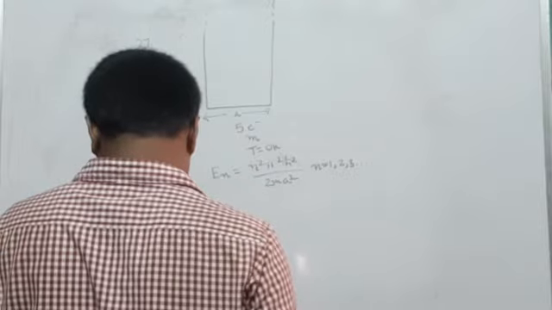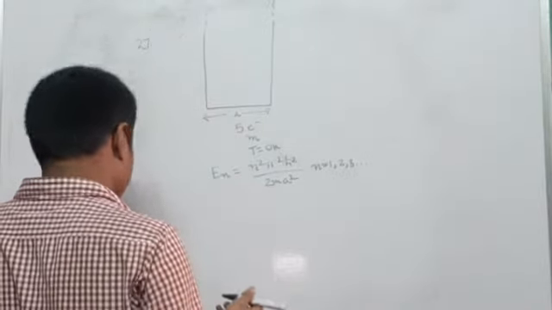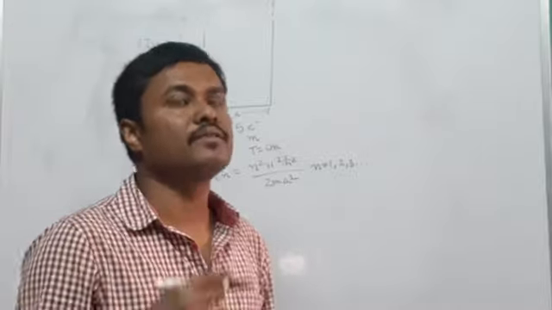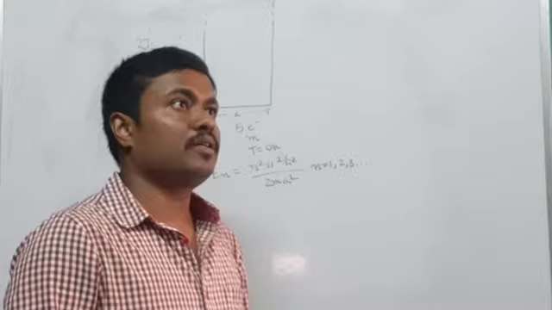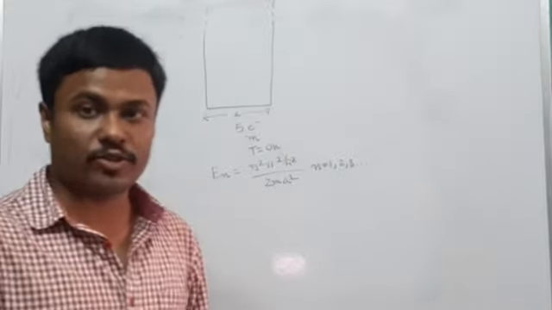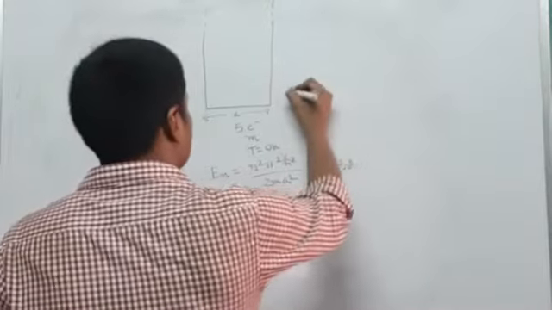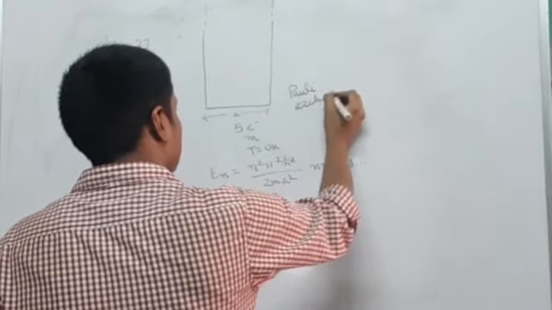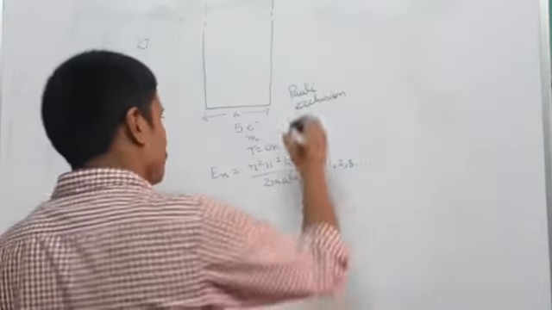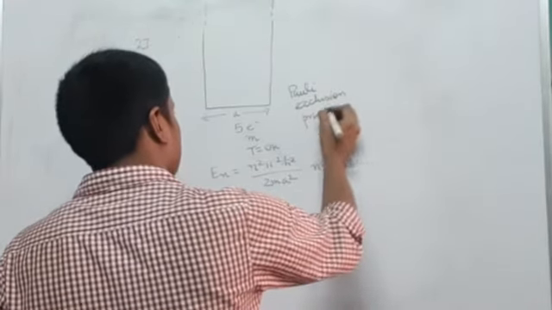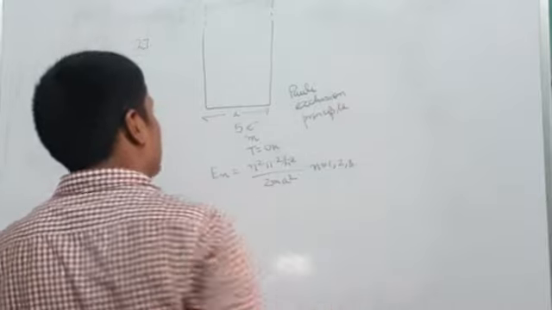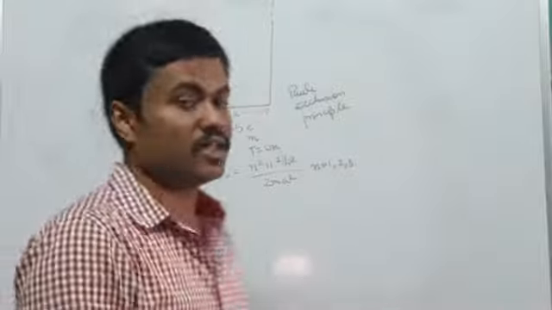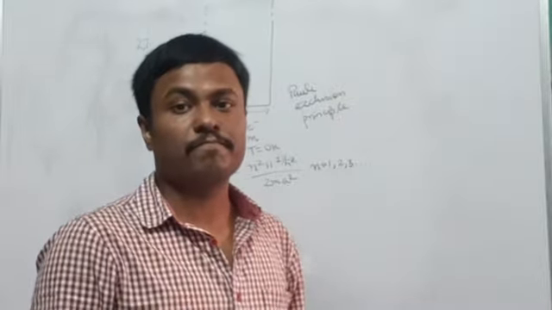So, in this case, the electrons are non-interacting, and you know that the electrons satisfy the Pauli exclusion principle. No 2 electrons can occupy the same state of quantum numbers, which means 2 electrons cannot have all their quantum numbers the same.